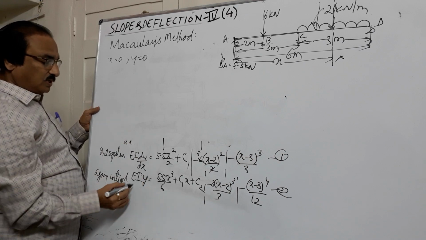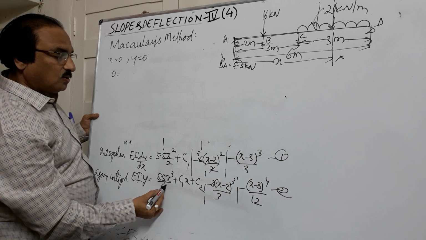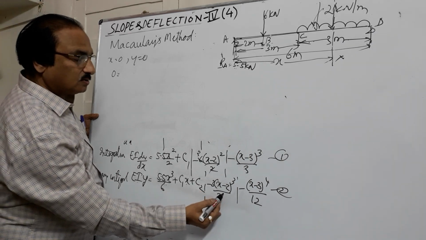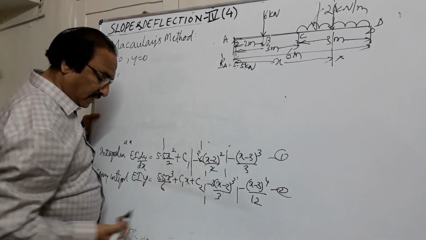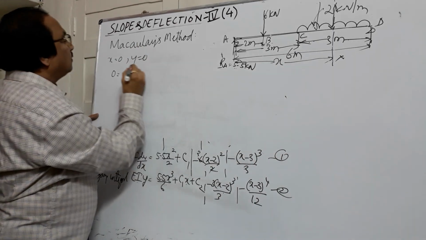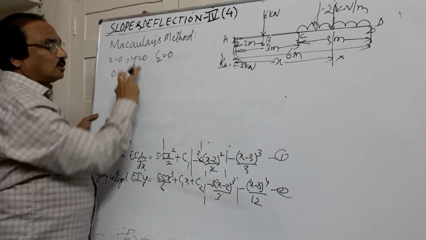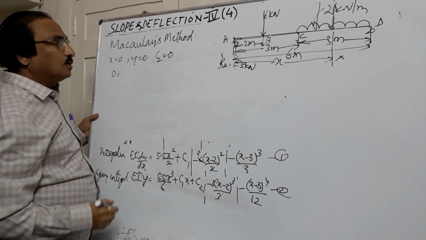This is 0, this is 0, and I told you the minus sign or the higher power terms are to be neglected. So you get the value of C2 is equal to 0. If x is 0, y is 0, substituting in this deflection equation, you get C2 equal to 0.